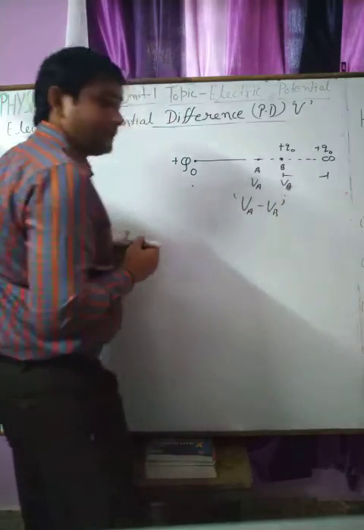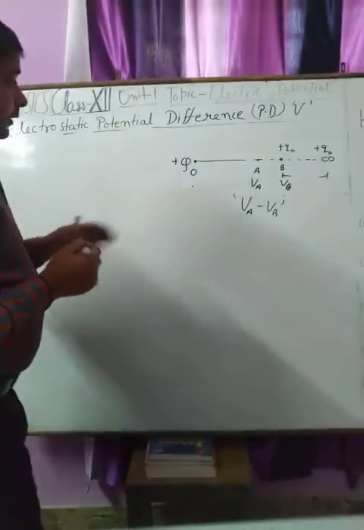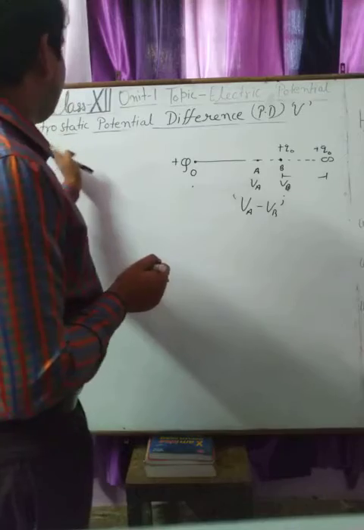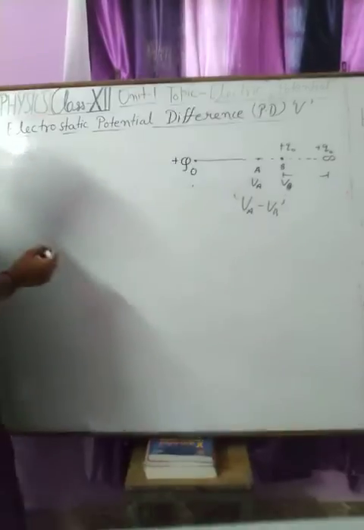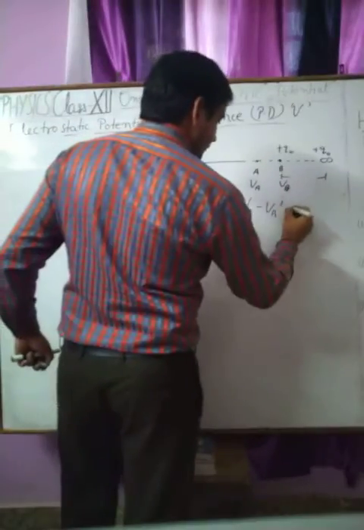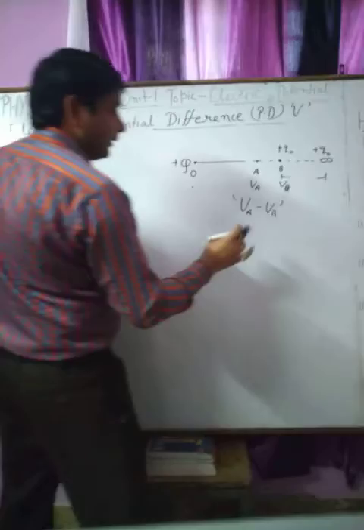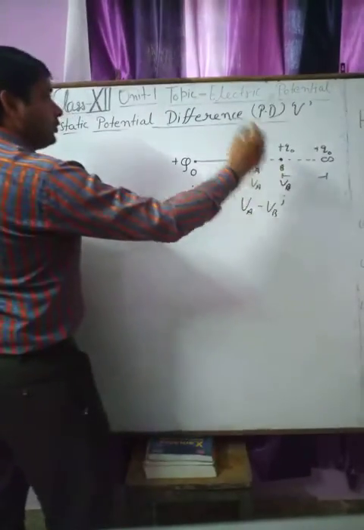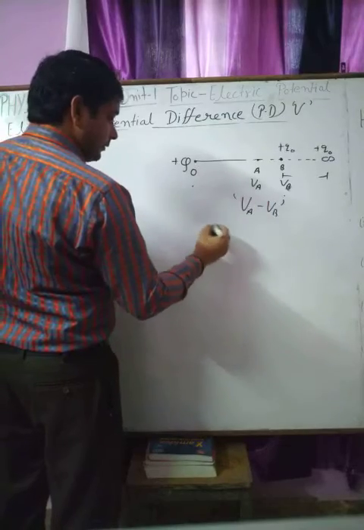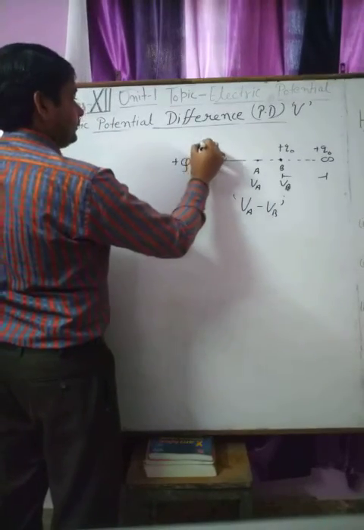This is called electrostatic potential difference.